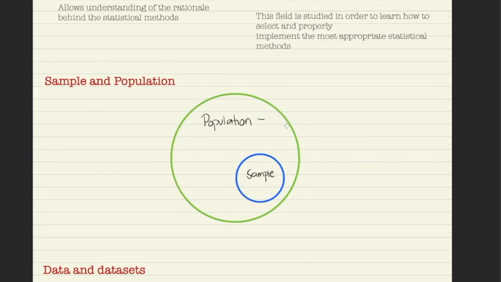The data collected in a population is called census. The data collected in a sample is called survey. The measures used in a population is called parameter.